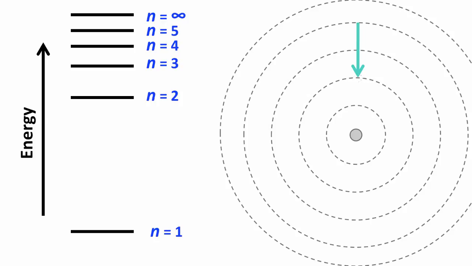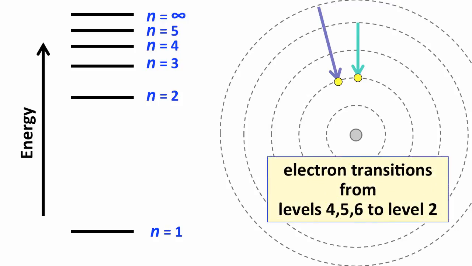The transition 4 to 2 produces photons of aqua blue-green light. The transitions 5 to 2 and 6 to 2 produce photons of purple light. And those are the 4 transitions that we can see. The second purple light transition isn't shown here.